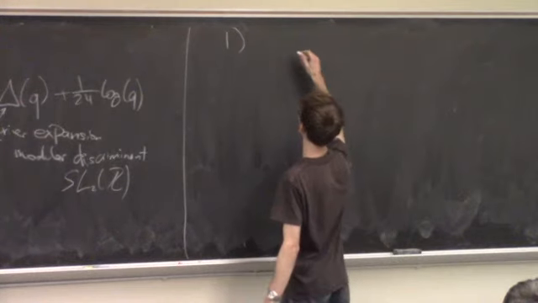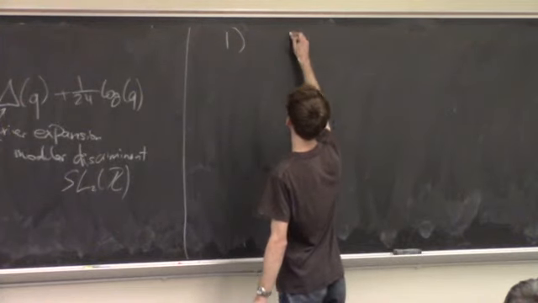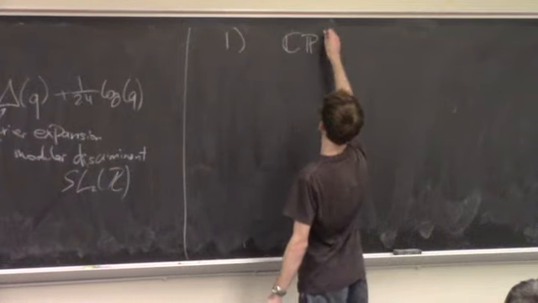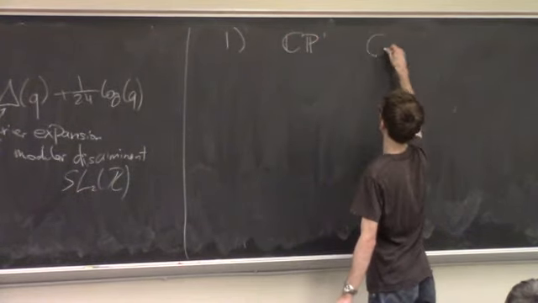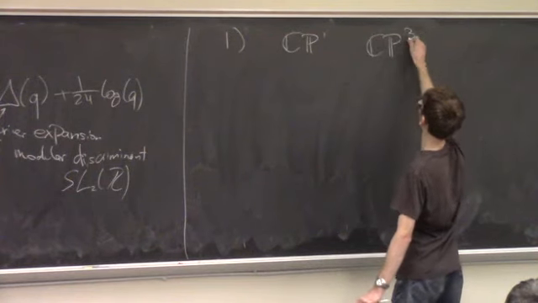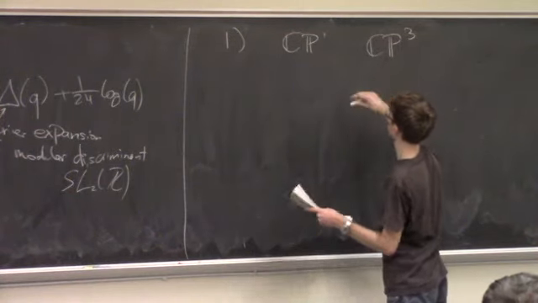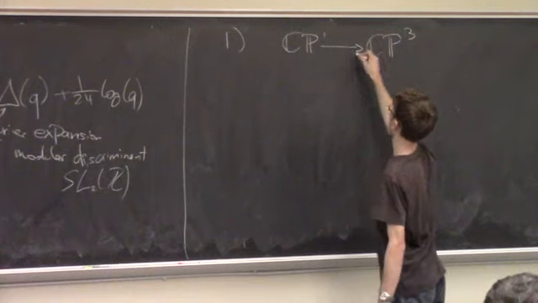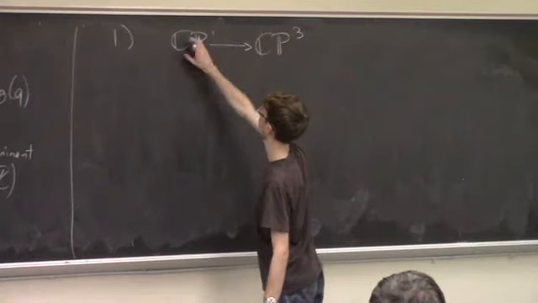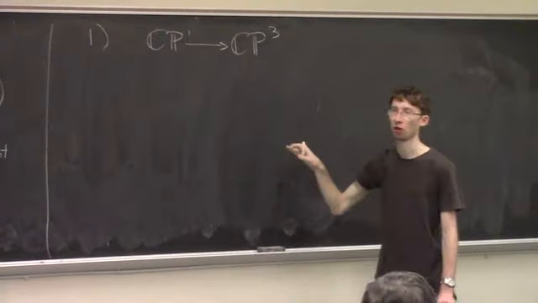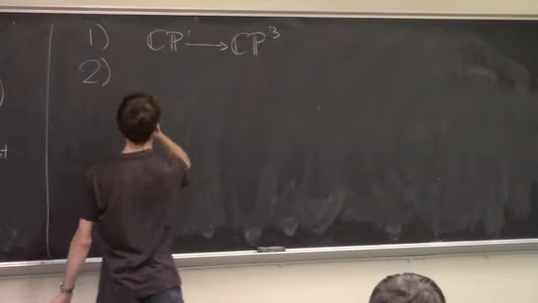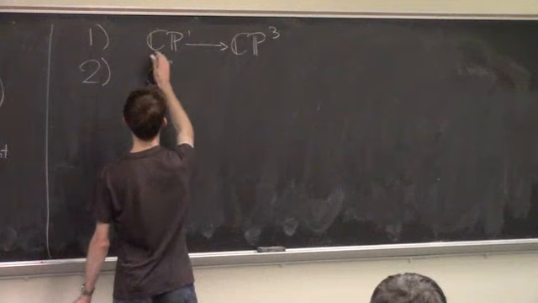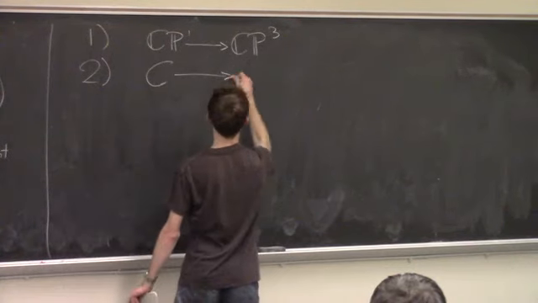In the first problem, we were interested in lines, which are CP1, in CP3. And instead of looking at them as a subset, you can think of them as CP1 spheres mapping into complex three-space. And in the second problem, it's about some curve, not a fixed curve, mapping to E.